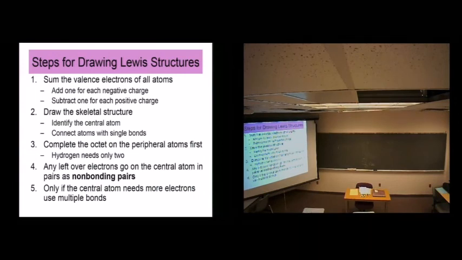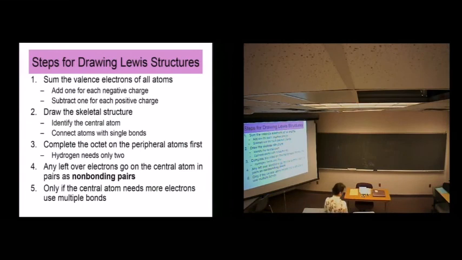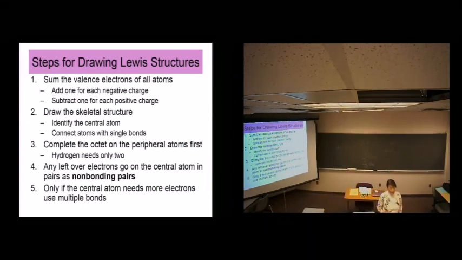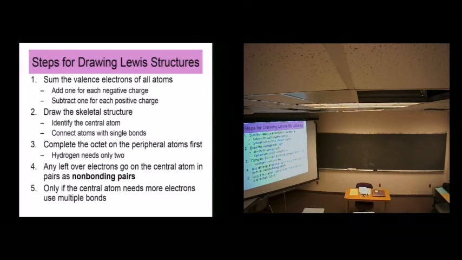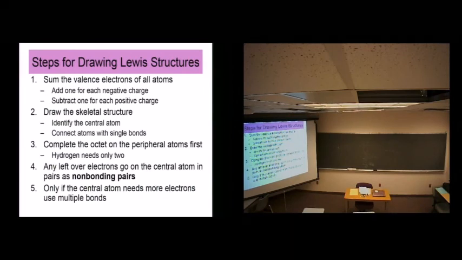Nitrogen, what group number is nitrogen? 5. We are reading the group numbers, right? That's 10 electrons, right? So how many valence electrons altogether did we sum up? 10. Has everybody got 10 electrons?